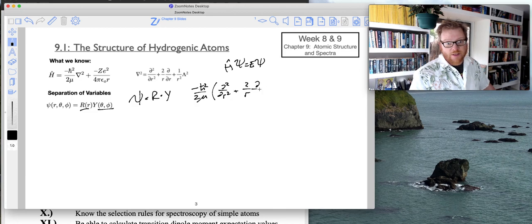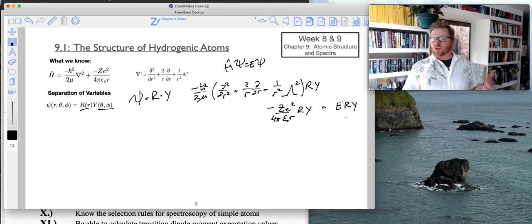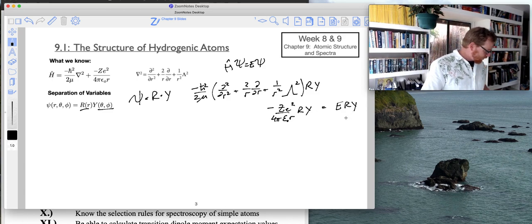So let's get all of that stuff in there, plus 1 over r squared times the Legendrian squared. And that's times R Y, because we're calling psi R Y. Then minus the potential energy operator, which is going to be Ze squared over 4 pi epsilon naught r, and that's also times R Y. And that all equals E times R Y. So there's our full Schrodinger equation.